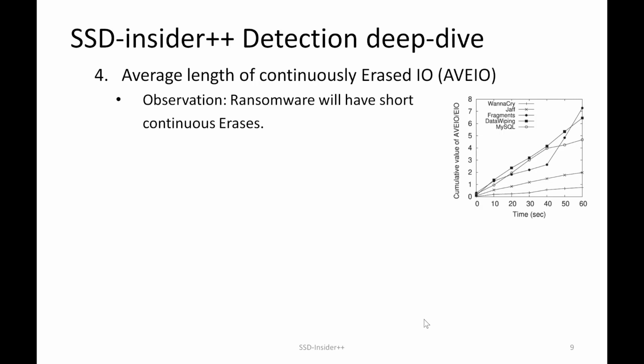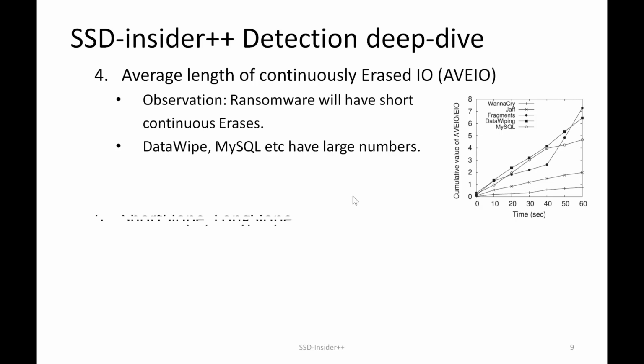But in this graph, the lower the line is, the higher the possibility that it's a ransomware. If we look at the AVIO feature for WannaCry, it is very low. Also JAF, it is very low. But for the other three normal applications, it is quite high, right? They have specifically mentioned that DataWipe and MySQL have large numbers for this particular feature.